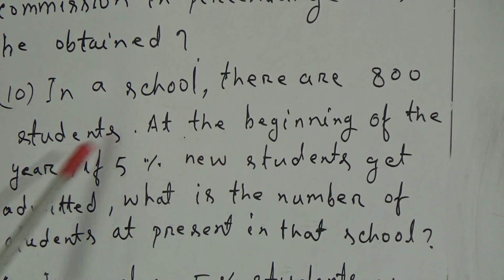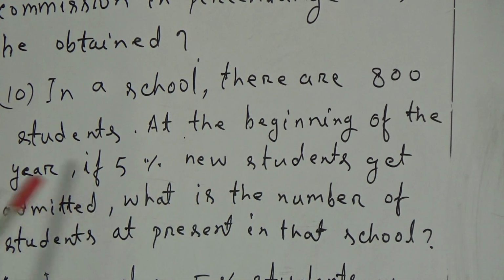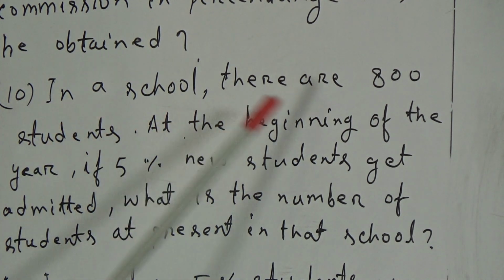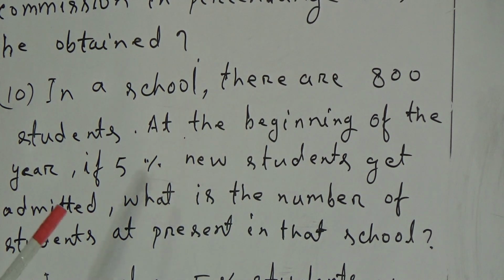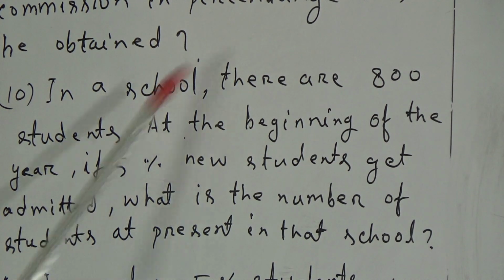At the beginning of the year, if 5% new students get admitted, what is the number of students at present in that school? Here total number of students is 800 and newly admitted students are 5% of 800. So for getting the answer, we have to add 5% of 800 with 800.